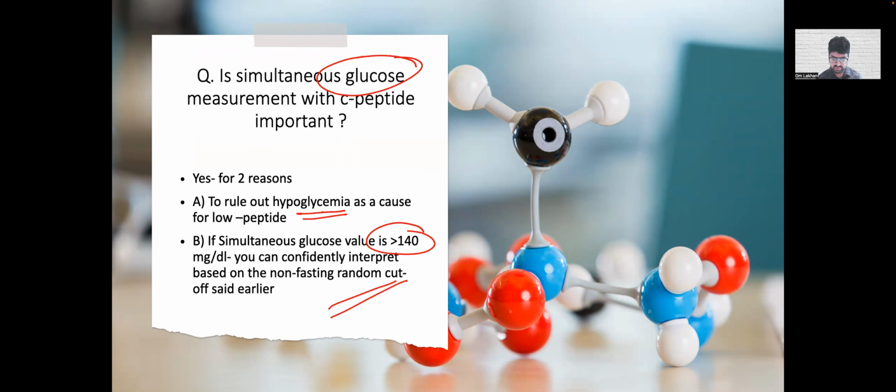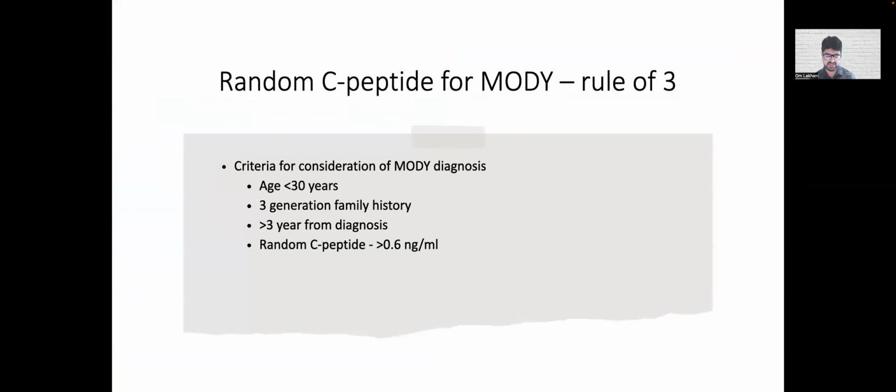This is very important, right? So the simultaneous glucose value should be more than 140 when you are trying to interpret the C-peptide value. So if this is not possible in your practice, then it is better to do a stimulated test. But if you do a random C-peptide, then these conditions are necessary.